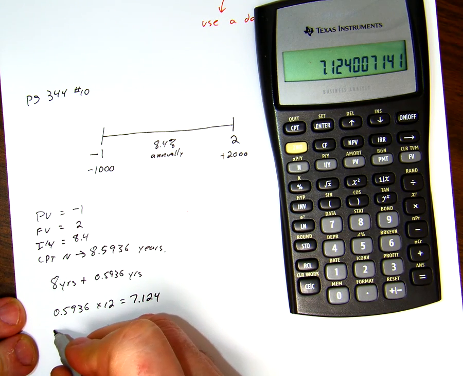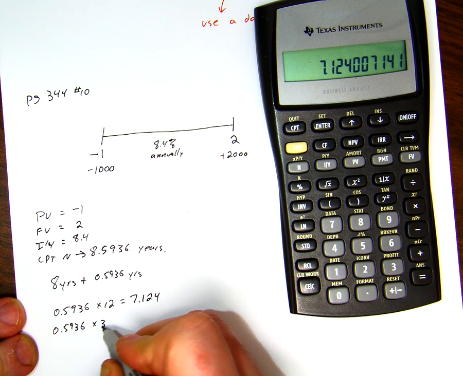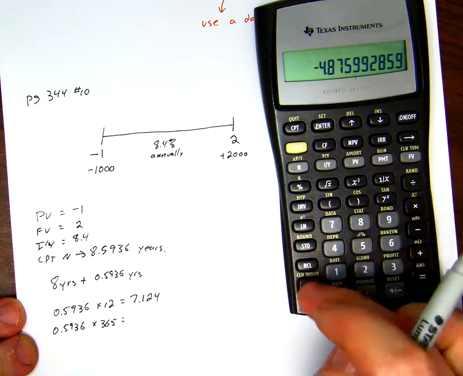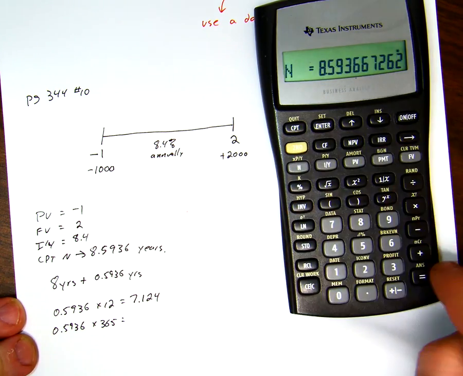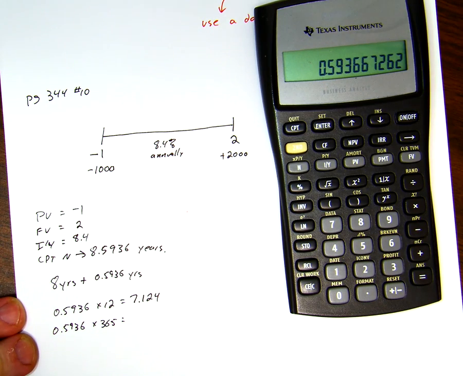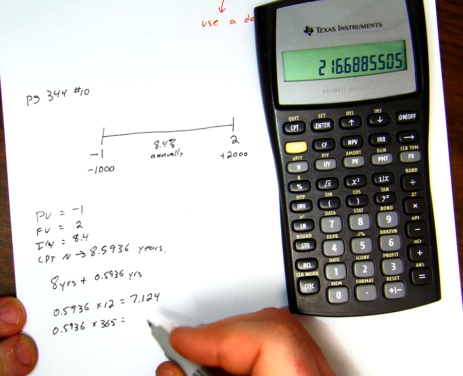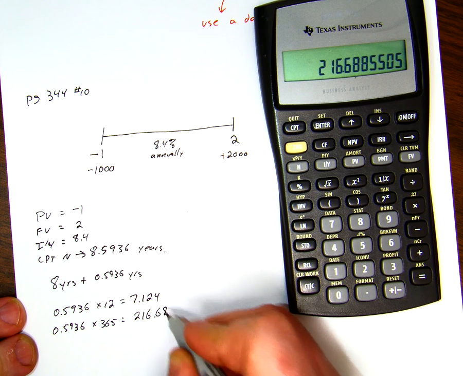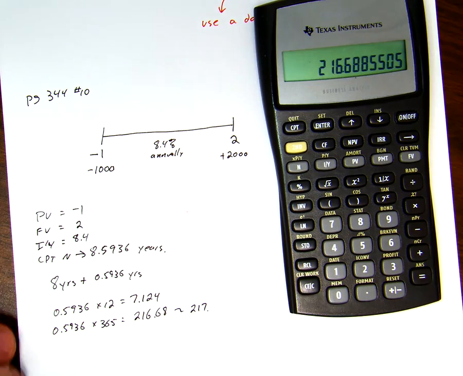If we want to do it in days, we do 0.5936 times 365, and we get a value of 216.68 days. So we say that's approximately 217 days.